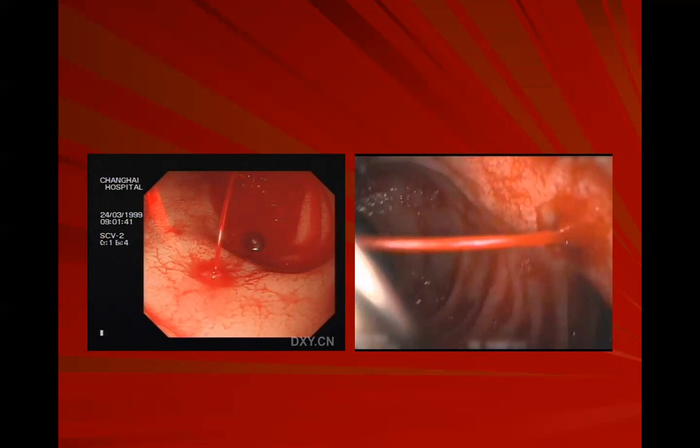Usually, if there is an active bleed, we can determine where the site of the erosion to the mucosa is, and as a result, we can stop this bleeding. However, if we do endoscopy and the bleeding has stopped, we cannot determine exactly where the site of the Dieulafoy's lesion is.